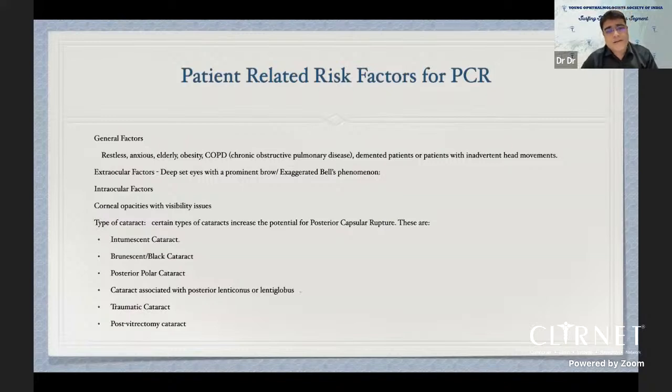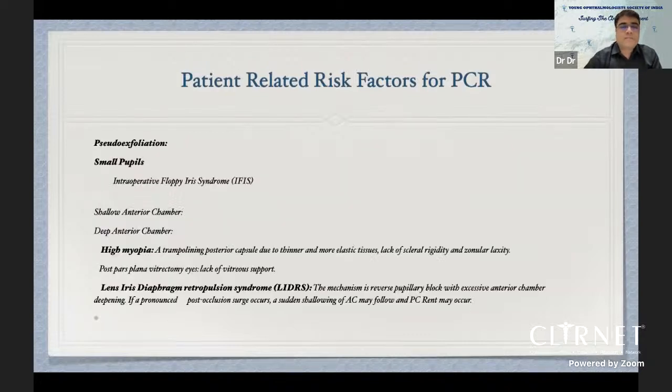There are certain types of cataract which we all know we should be careful with, especially at the beginning of the career. These types of cataract increase the potential for posterior capsule rupture, like intumescent cataracts, brunescent or black cataracts. Posterior polar cataract is the biggest risk factor, as are traumatic and post-vitrectomy cataract.